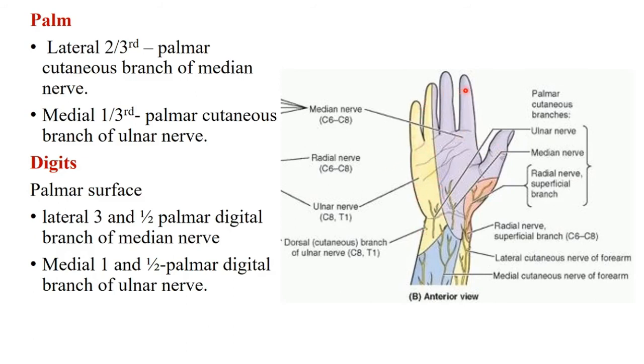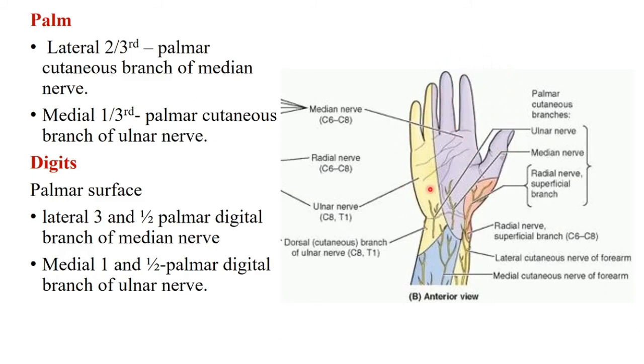Then come the digits. The first, second, third and radial half of the fourth are supplied by the median nerve, while the other half of the fourth and the fifth are supplied by the ulnar nerve. So this palmar side sensory supply is not that difficult.